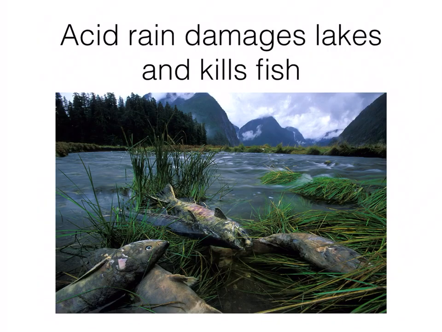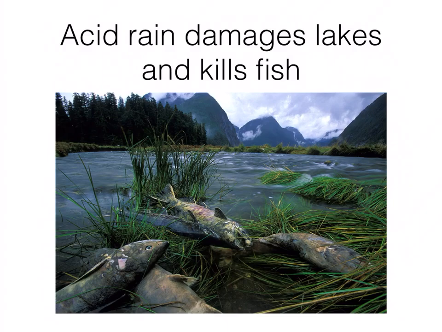The second thing in the environment that the acid rain can really affect is lakes, okay, and the fish life. So I suppose when it rains acid rain, the acid rain naturally pours into the rivers and lakes. And in the lakes, when you have acid rain inside it, it obviously naturally lowers the pH of the water.